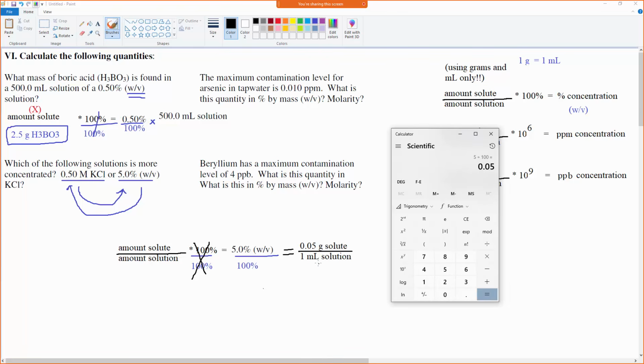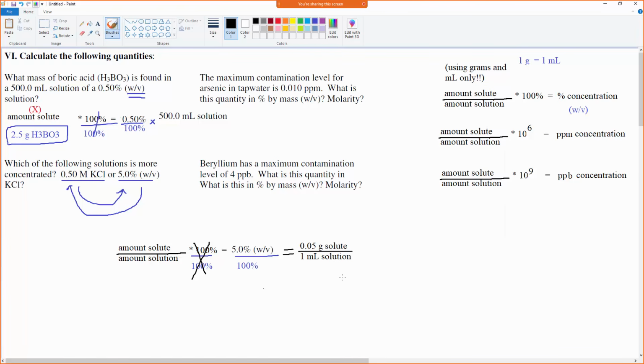I don't know how much solution I have. I just know that for every 1 milliliter of solution, that's the number of grams. So I'm just going to work with 1 milliliter of solution and go from there. I don't know how much there is, but in every 1 milliliter, I know there's this much. Erica and Sarah, you guys are totally getting it. You see where I'm going with this.